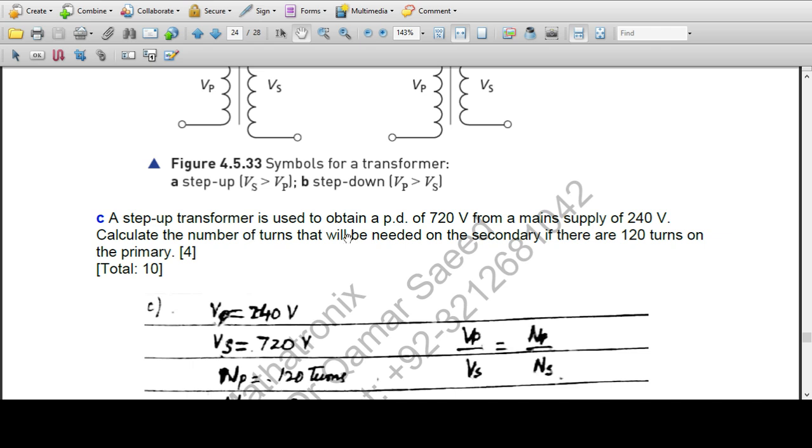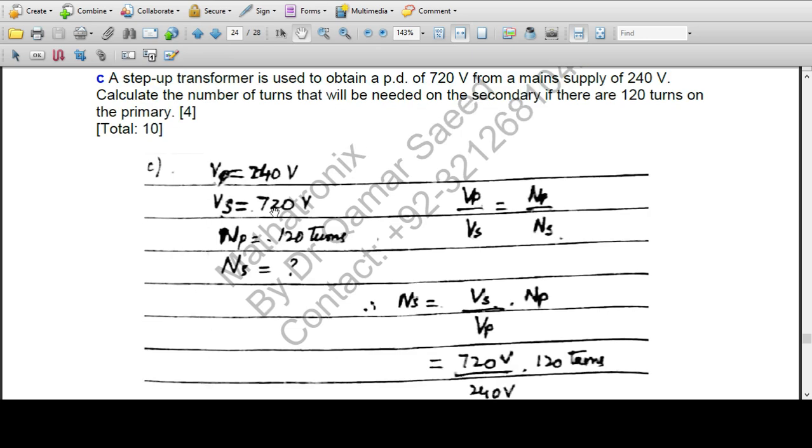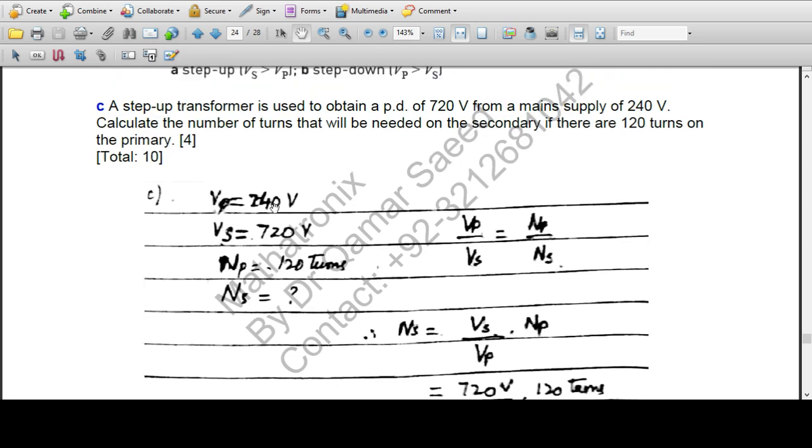A step up transformer is used to obtain a potential difference of 720 volts from a mains supply of 240 volts. So this is increasing three times. Calculate the number of turns needed on the secondary if there are 120 turns on the primary. Primary is 240 volts, secondary is 720 volts, and the number of turns on the primary is 120.